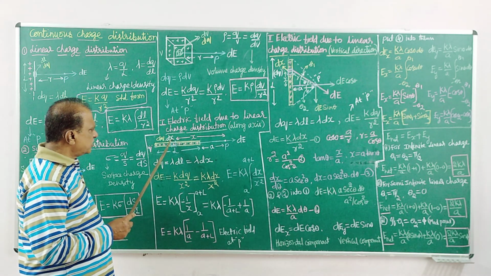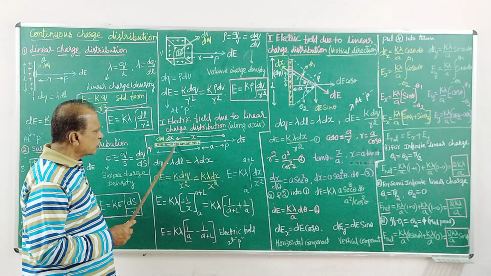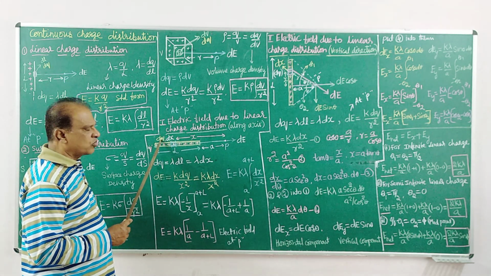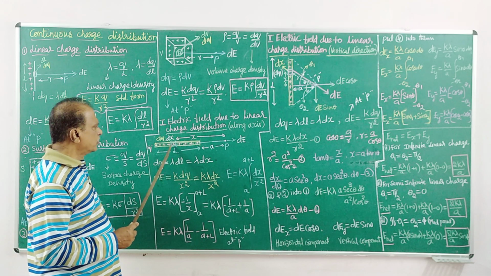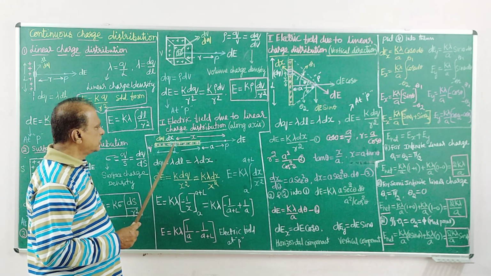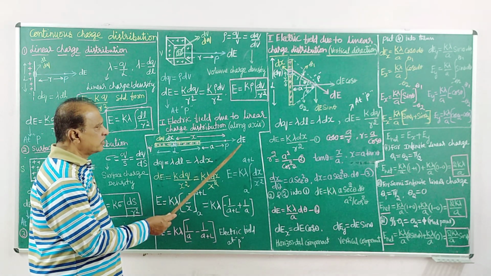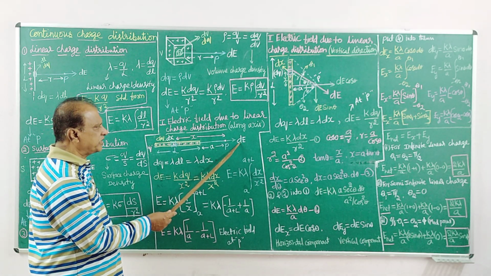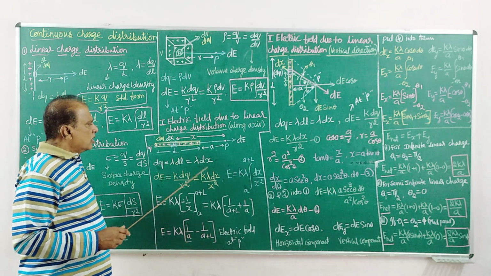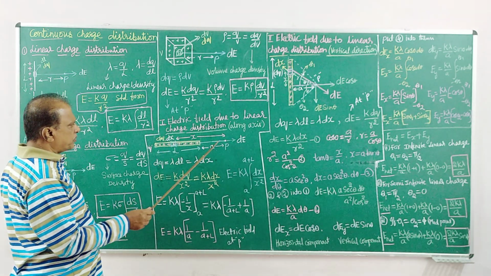The length is taken as dx, an infinitesimal length. This infinitesimal length occupies an infinitesimal amount of charge dq. This charge acts at this point and produces an infinitesimal electric field dE. The distance of this charge from the point is x.